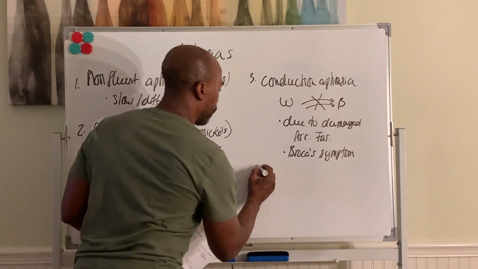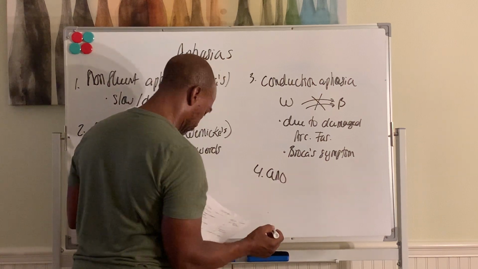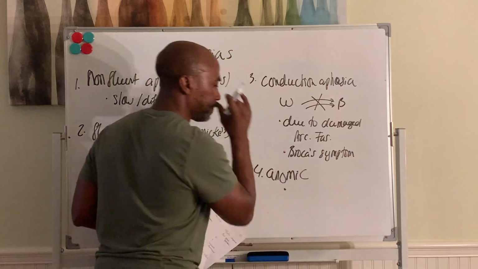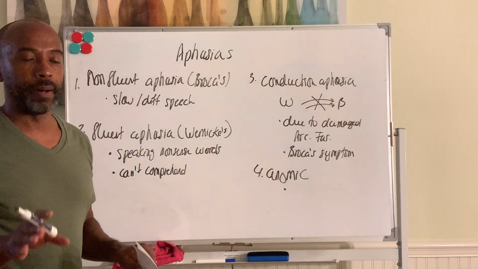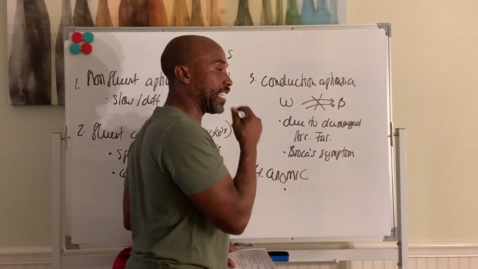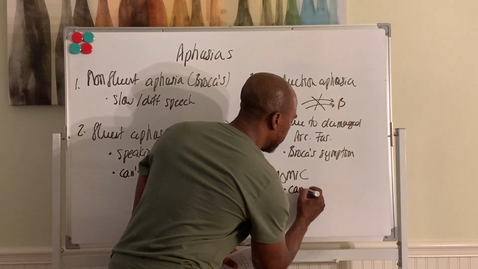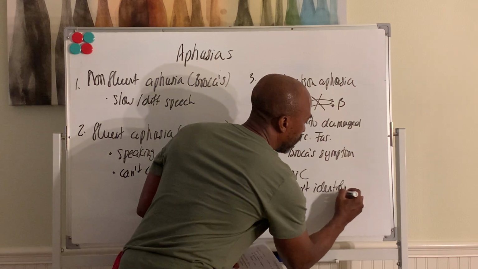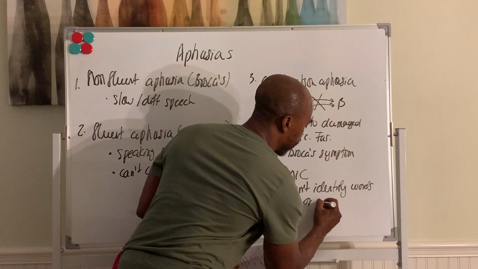And then there is another condition called anomic aphasia. Here, you can read and speak normally, but you cannot identify words. You cannot identify written words or pictures.